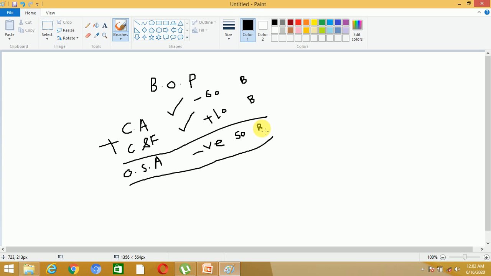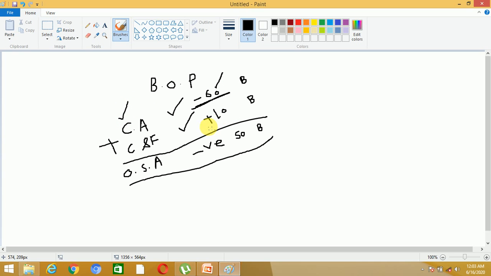Now if it is negative, it means that more money is going out of the country. See, we are paying 60 billion for the purchase of goods and services, the current account.